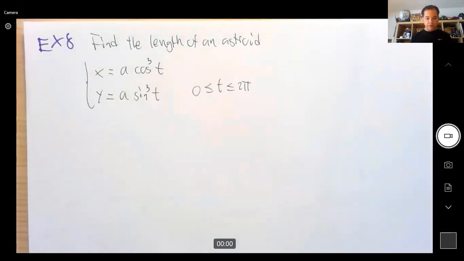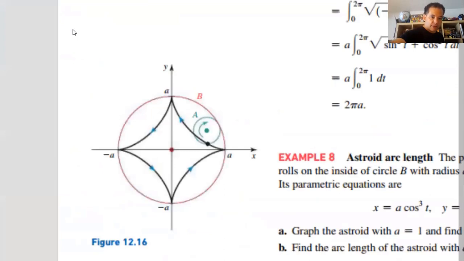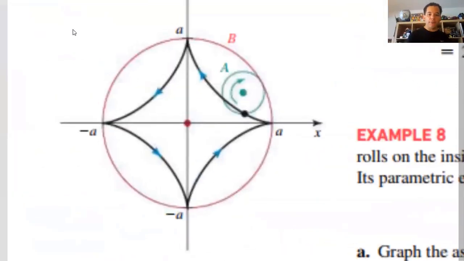Let me show it to you right here. It can also be described by a point that rotates. If you've ever used one of these, they used to be toys for little children where you have a circle, and you have little circles that you can roll inside the other circle, and you could put a pen through one little hole and see what kind of shapes you draw when you go all the way around.